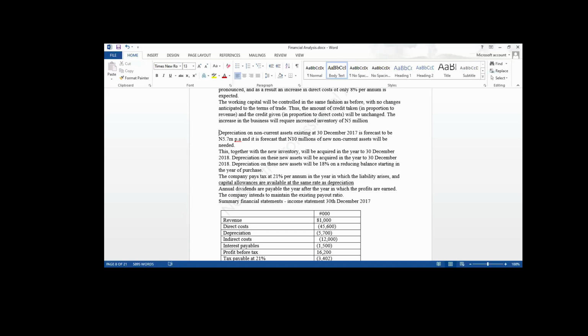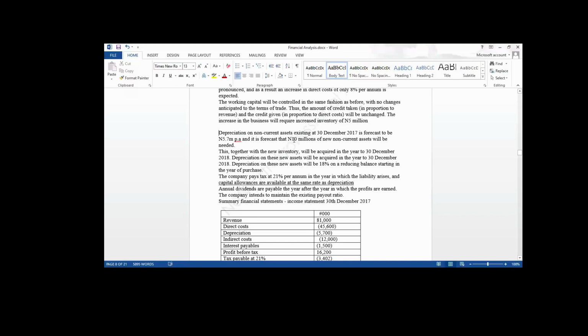That means in 2018, we are going to increase our non-current assets. Most likely, depreciation will also increase. Annual depreciation is 5.7, but because we are acquiring a new asset in 2018, the new asset will be depreciated at 18% reducing balance.